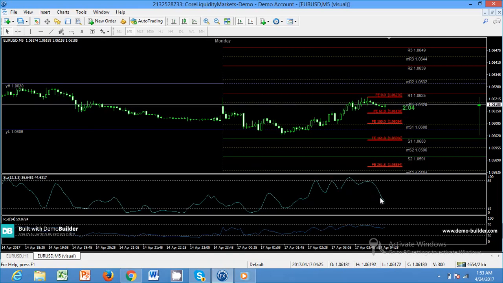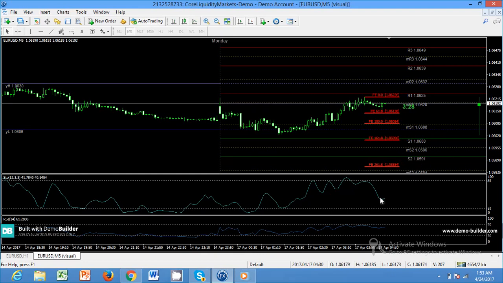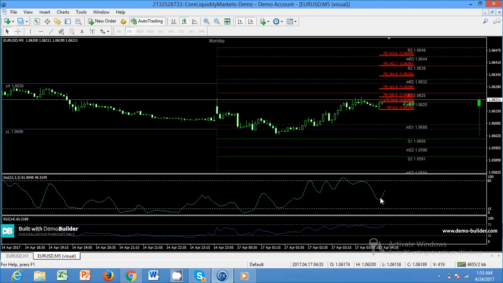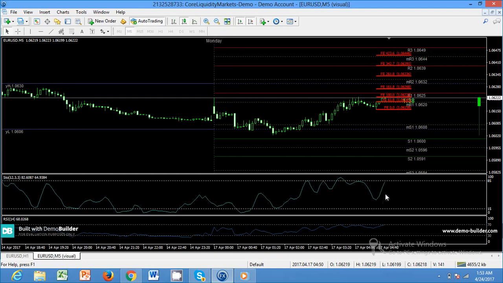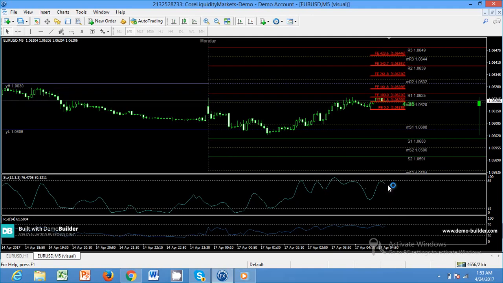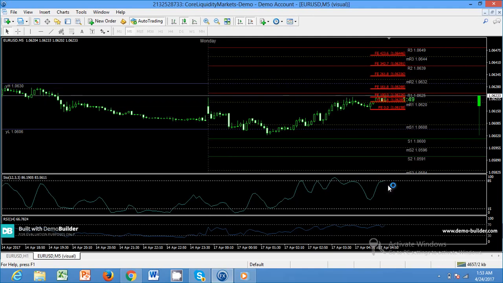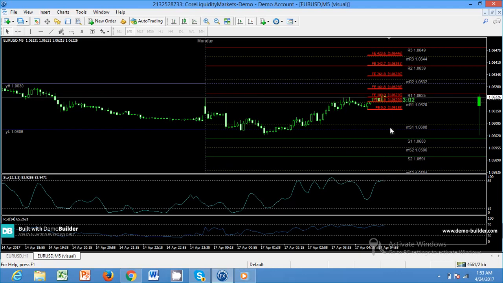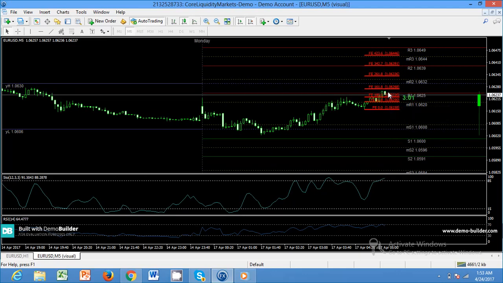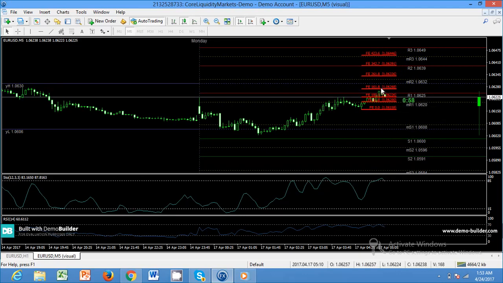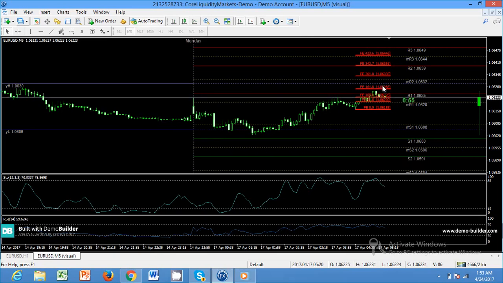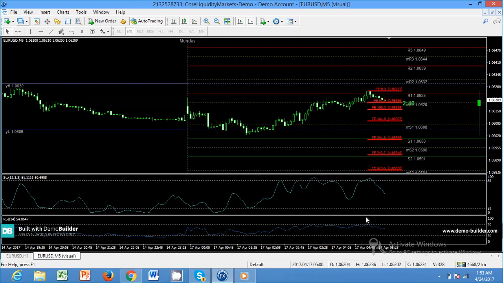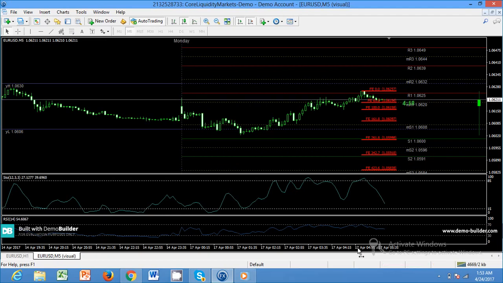It is falling back down again. Now price has touched our resistance level 1, but it hasn't actually broken through our Fibonacci rule, so that signal would not be taken.